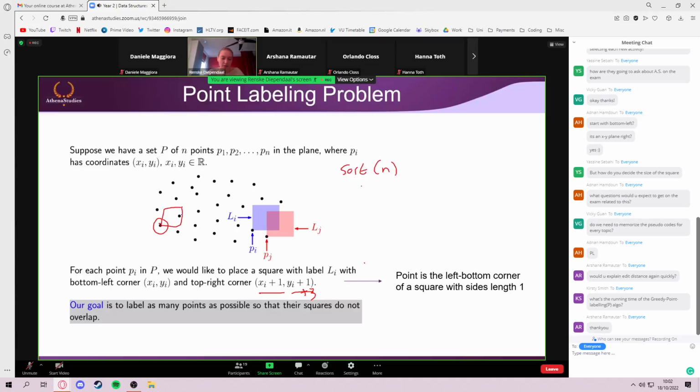So you check this one, for example. So everything in this double square part is going to overlap. So I'd say for every point, you check if it overlaps with several other points.